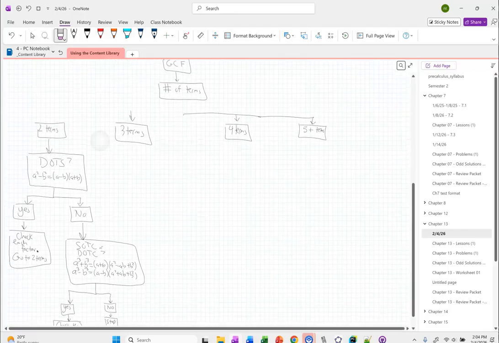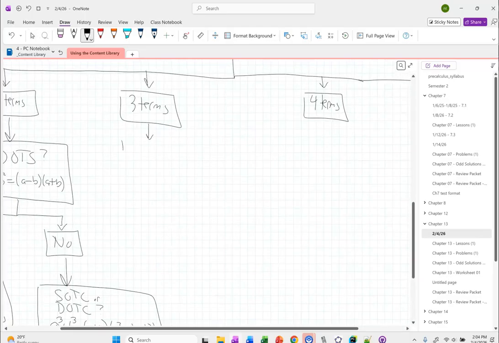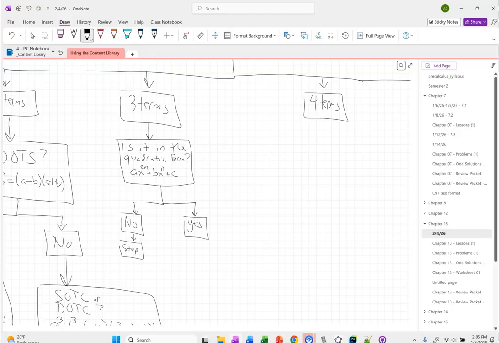All right. Going to the 3-term. So if you have a 3-term polynomial, the first thing you want to do is check to see if you're in the quadratic form.